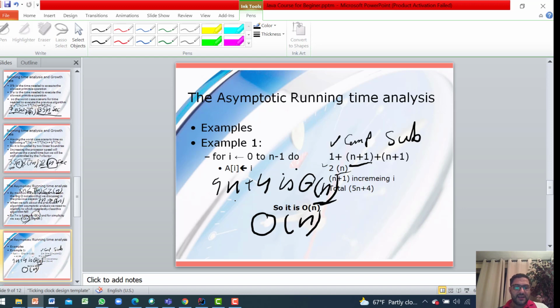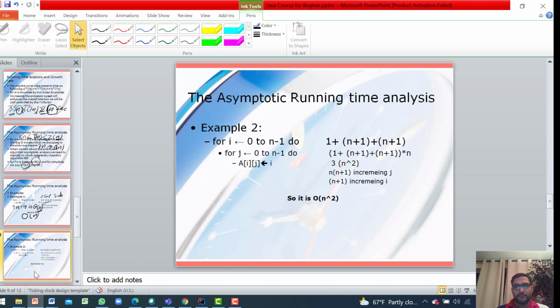What about the next scenario? If I have a nested for loop, this is a very interesting example. I have for i equals 0 to n minus 1, and then j equals 0 to n minus 1. If I have, for example, a two-dimensional array, i by j, it's gonna be like this. This is the normal operation.